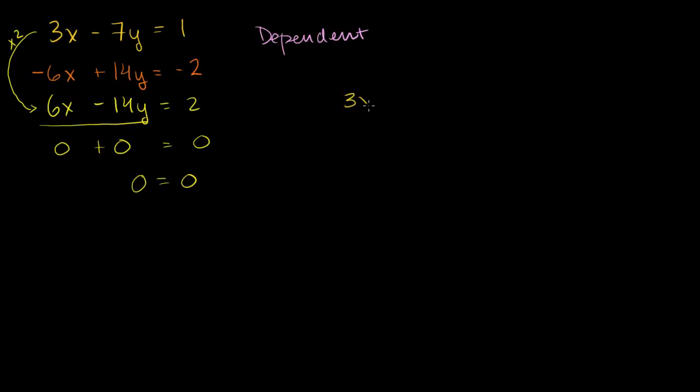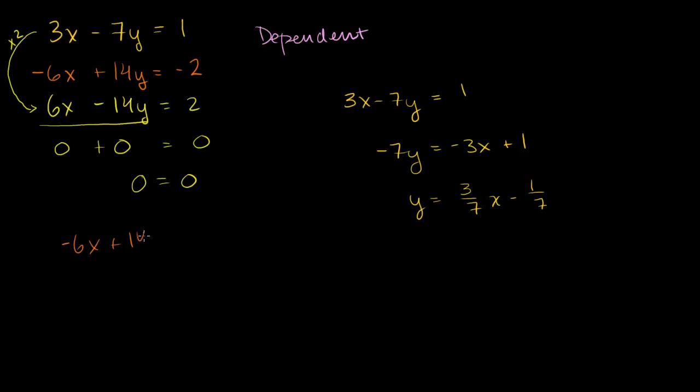So this top line, you have 3x minus 7y is equal to 1. Let's subtract 3x from both sides. You get negative 7y is equal to negative 3x plus 1. Now let's divide both sides by negative 7. You get y is equal to positive 3/7 x minus 1/7. That's that first equation. Now let's put the second equation into slope-intercept form. You have negative 6x plus 14y is equal to negative 2.